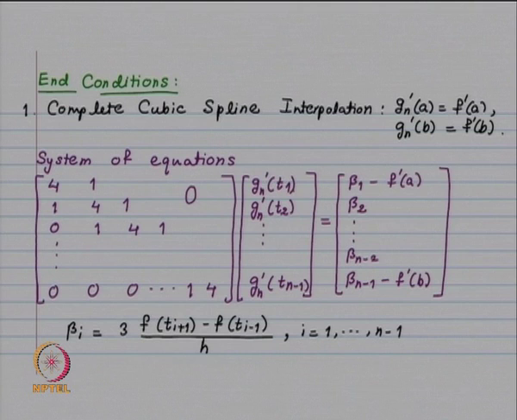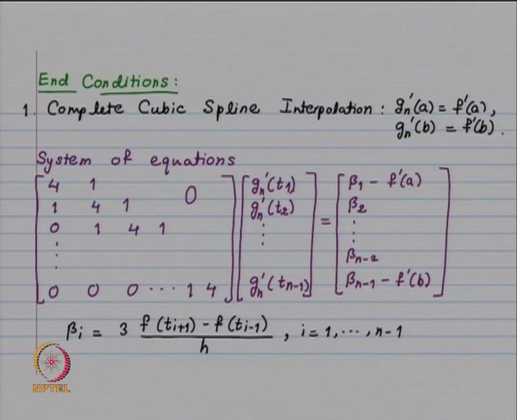So, then our unknowns are only g dash T 1, g dash T 2, up to g dash T n minus 1. So, we have n minus 1 equations in n minus 1 unknowns, and the coefficient matrix of the system of equations is a diagonally dominant matrix.